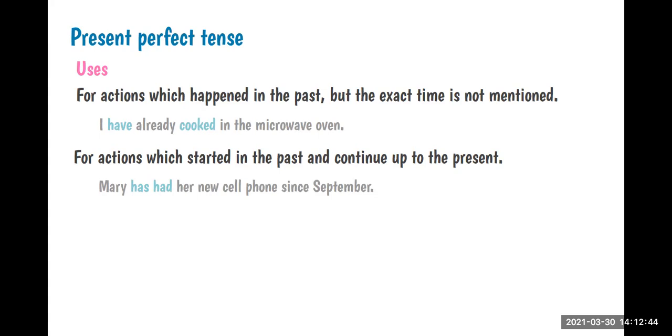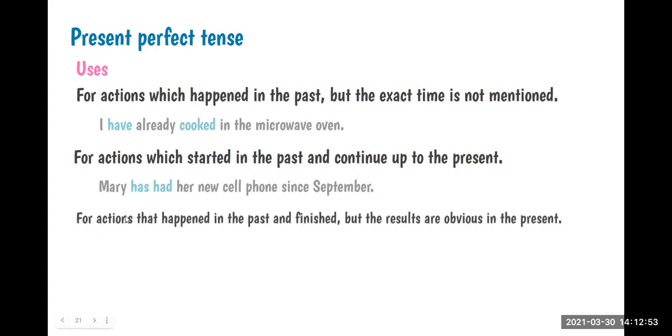Okay, so it's something that started in the past and continues up to the present. Okay. Then we have another one for actions that happened in the past and finished, but the results are obvious in the present.